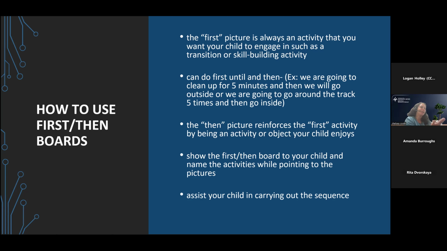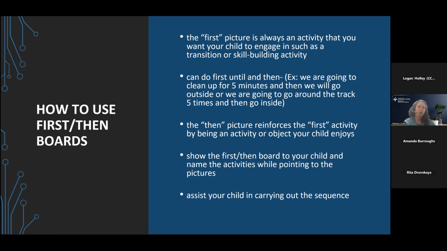If you think, yes, I'm good, I can implement it, or this is something you need help with, I can totally help you. So you can do first, until, and then. Okay, so an example of that is we are going to clean up for 5 minutes and then we will go outside. Or we are going to go around the track 5 times and then go inside.